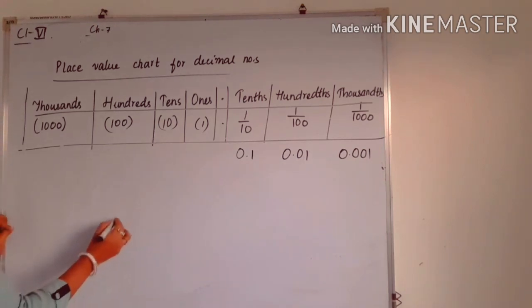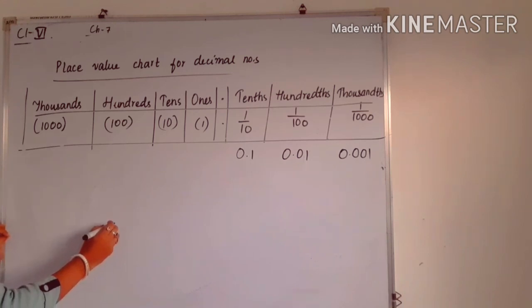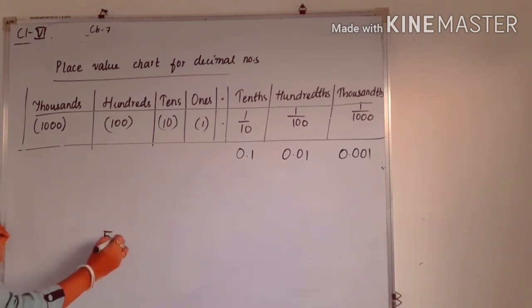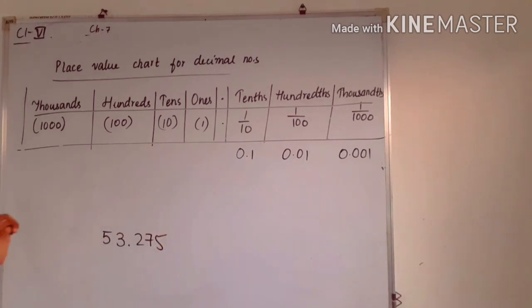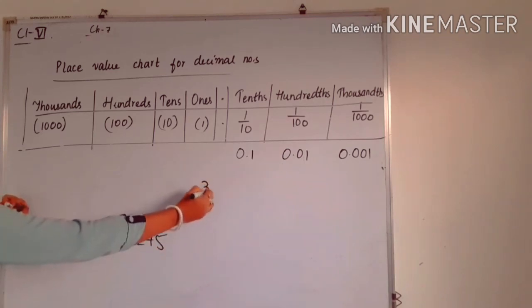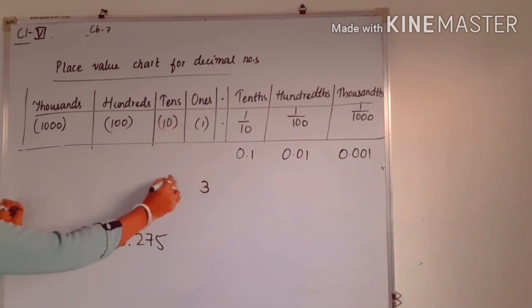If a question asks you to represent a decimal number in a place value chart, how do you do it? Suppose the question is 53.275. Just draw this chart, and below it write 3 in the ones place, 5 in the tens place.